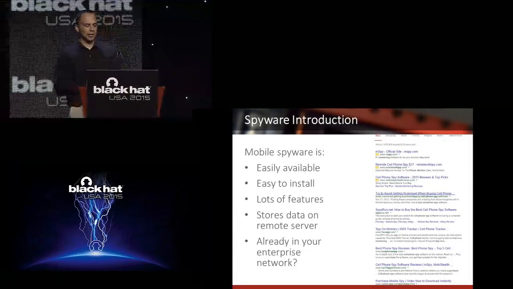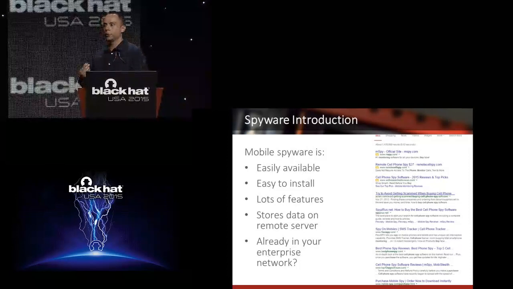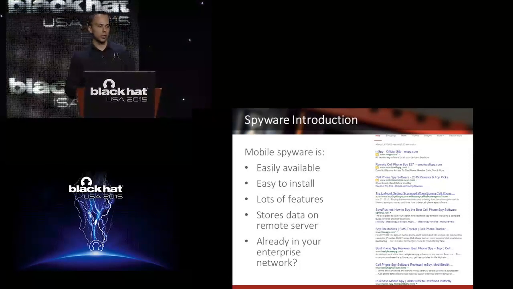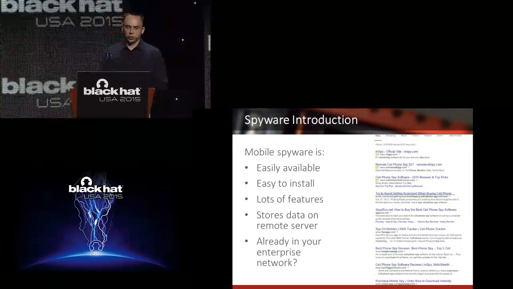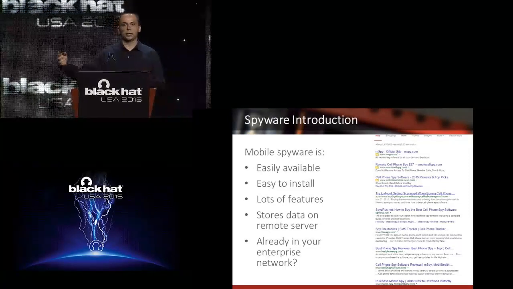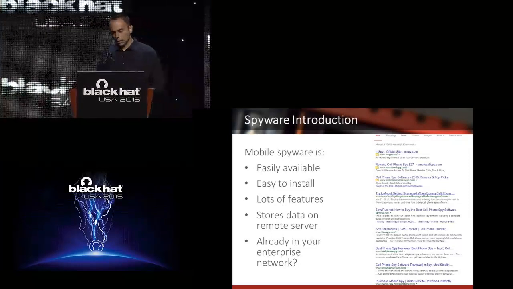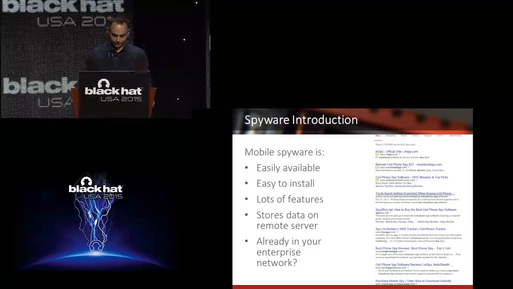And it stores that data on a third-party remote server. So if you purchase spyware from, let's say, mSpy, for example, and you install it on a phone, the data on that phone that mSpy collects is stored on the mSpy servers. And depending, it may already be on your enterprise network.